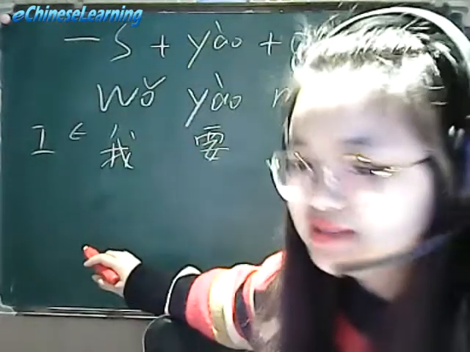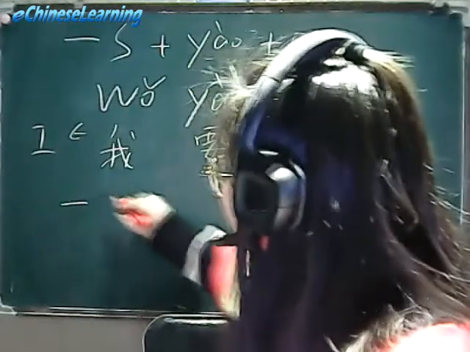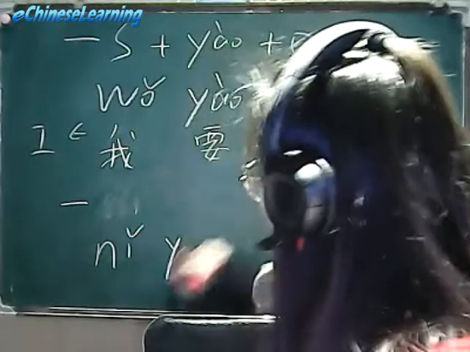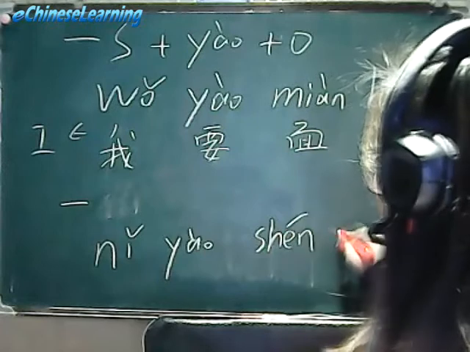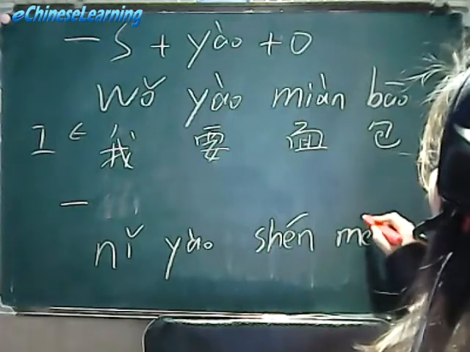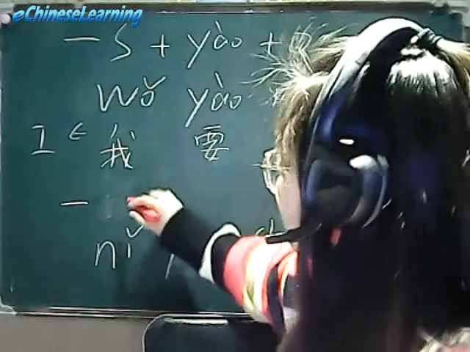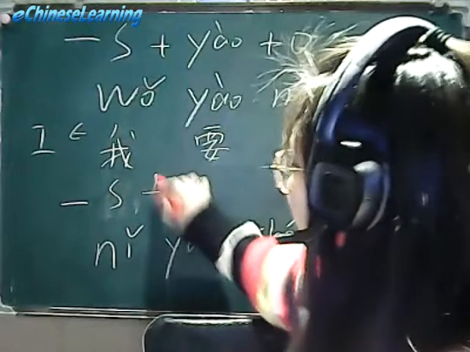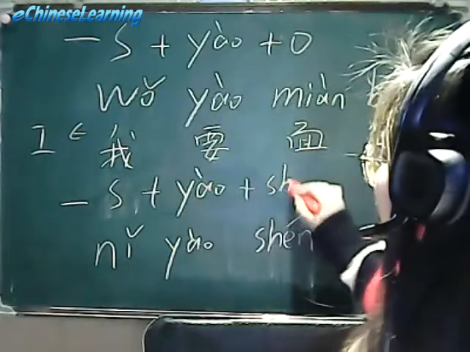And if you want to ask the question, just like 你叫什么名字, we can say 你要什么. 什么 means what, and so 你要什么 is just the simple structure like 你 plus 要 and then plus 什么.